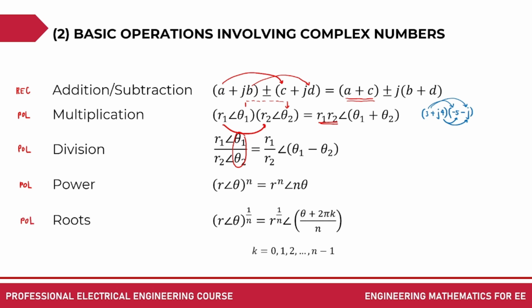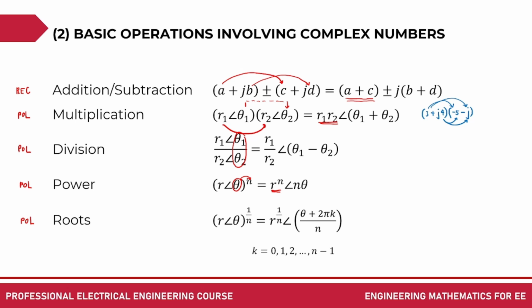For polar form, we have r angle theta raised to n. So you have to raise the magnitude to n, and for the angle, you multiply it by n, so we have n theta.